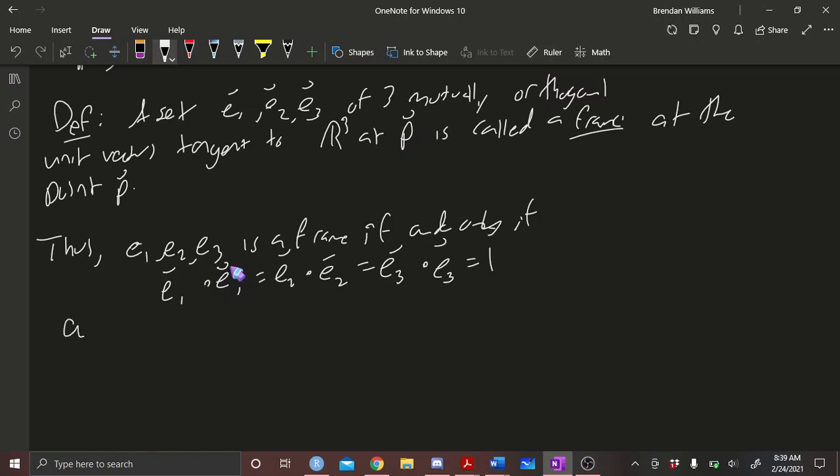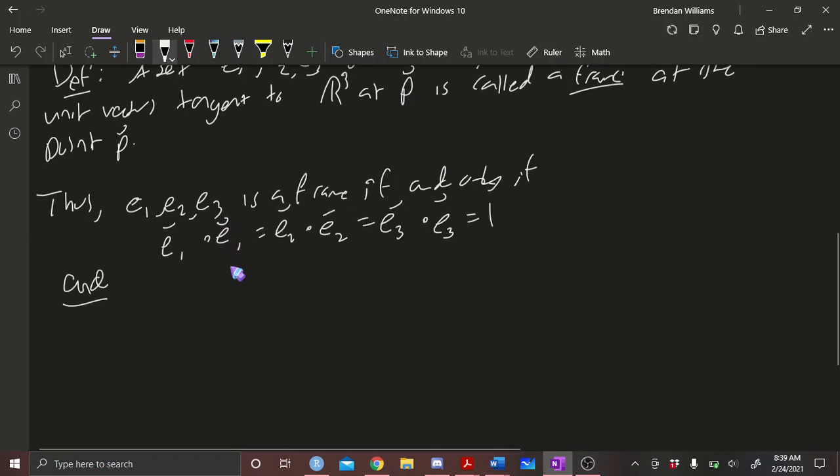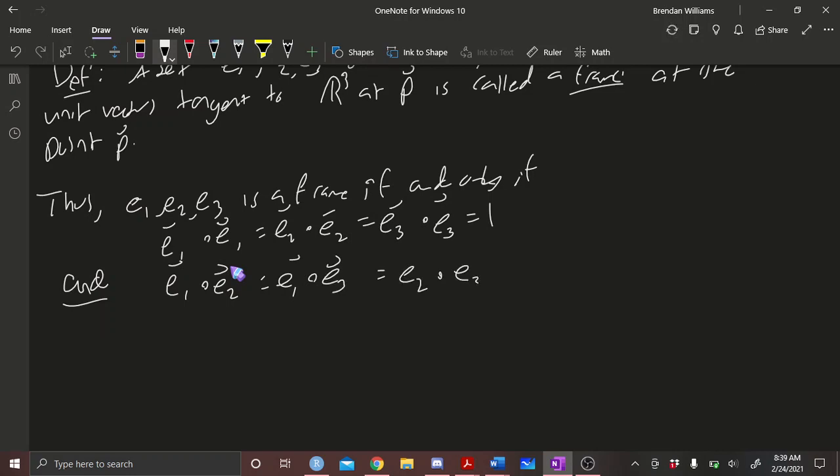And E1 dotted with E2 is equal to E1 dotted with E3, which is equal to E2 dotted with E3, which is equal to 0. So the first condition is that each E sub i is unit length. And the second one is that each pair of E sub i's is orthogonal.